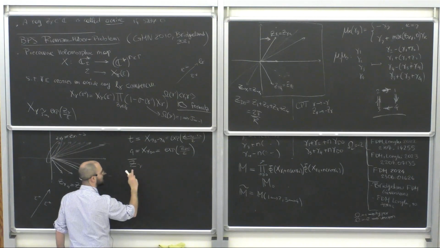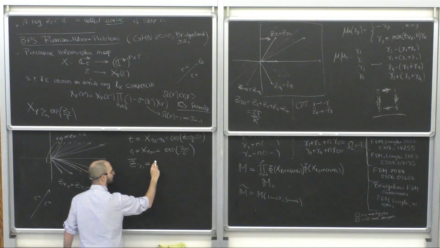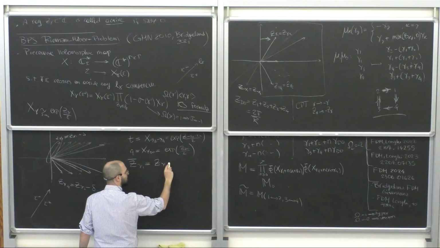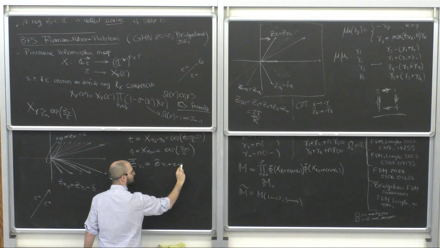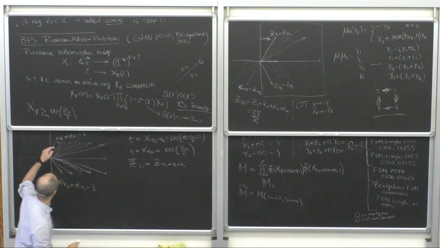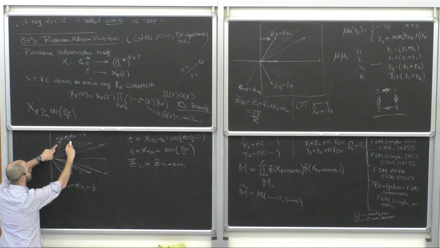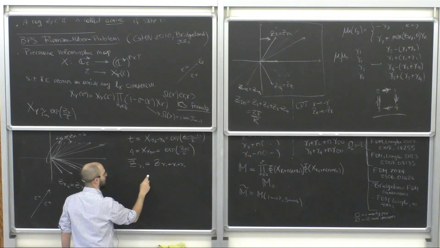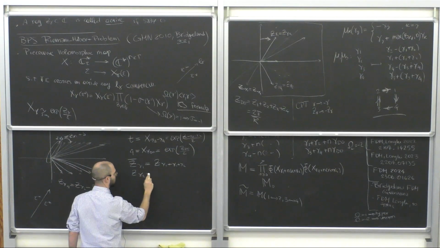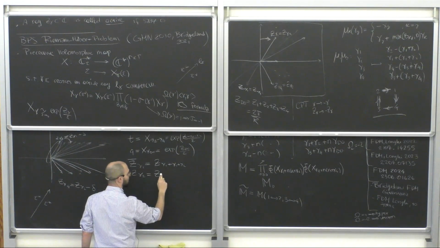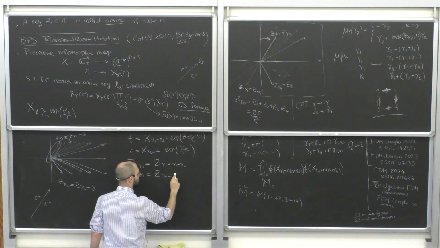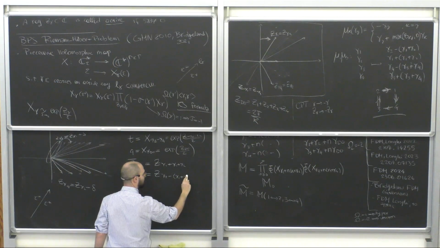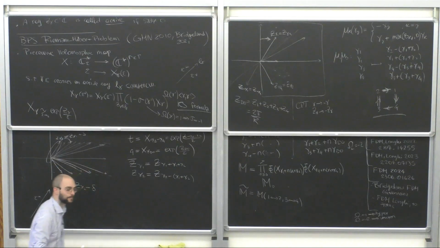If I define Z gamma 1 with an overline as the one shifted by this, so I'm going from this to this, and Z gamma 2, it's the same thing that happened when I was rotating that upper half plane.